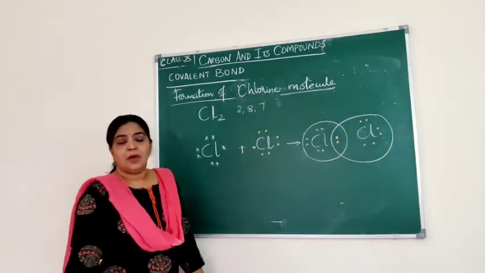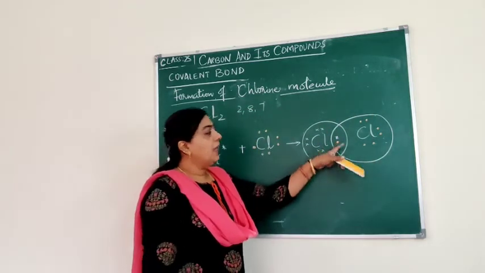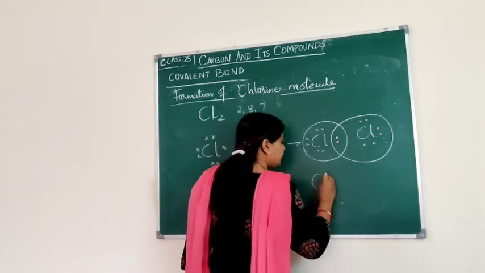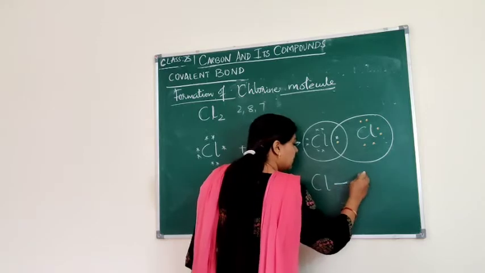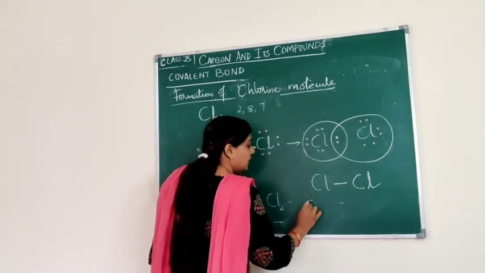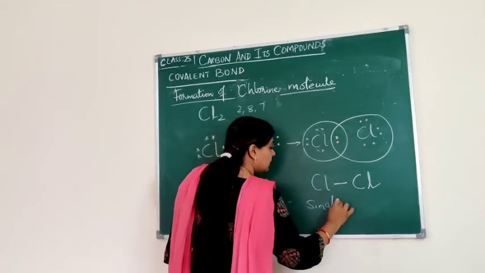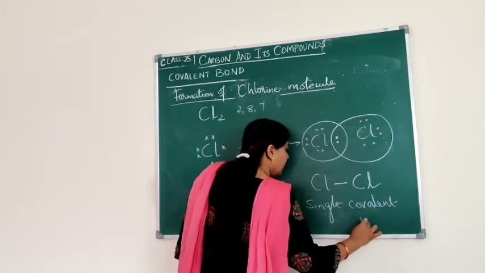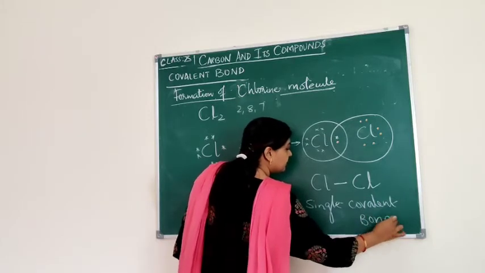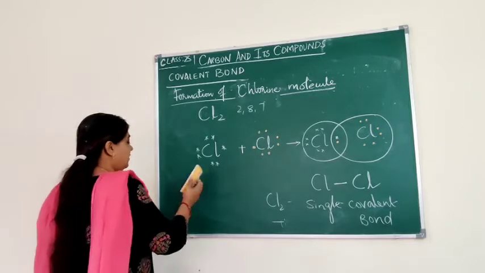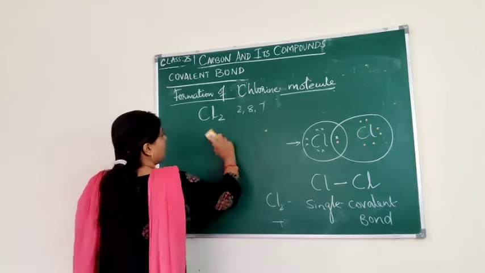How many electrons are they sharing? Each is sharing 1 electron. So Cl dash Cl, Cl2, here it is a single covalent bond. Understood Cl2?